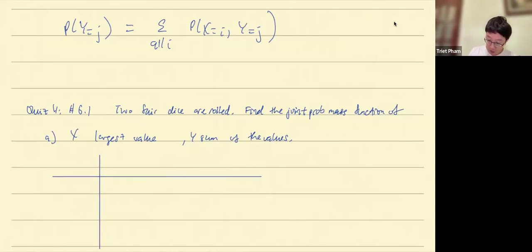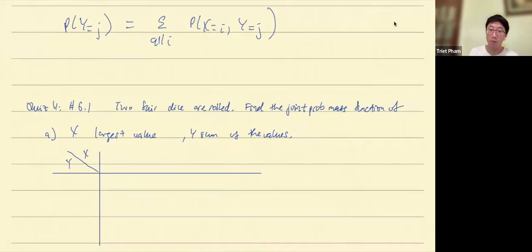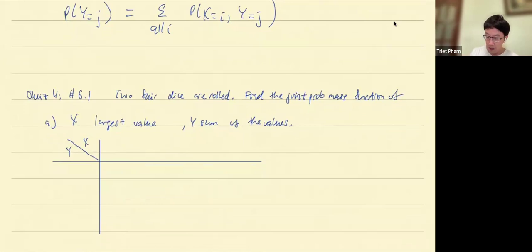So the best way to answer this is through a table, where you list out all values and you write down the probability that x takes on that value and y takes on that value. So for example, what values can x take?